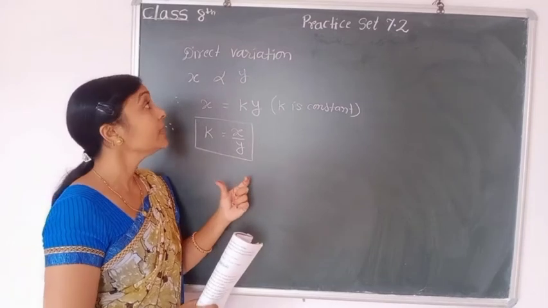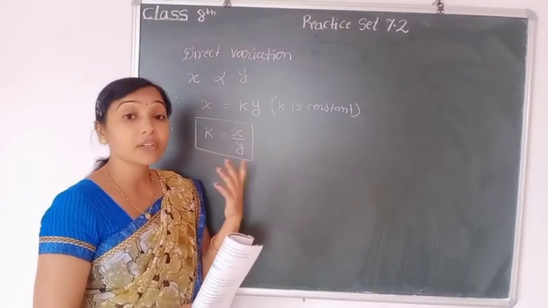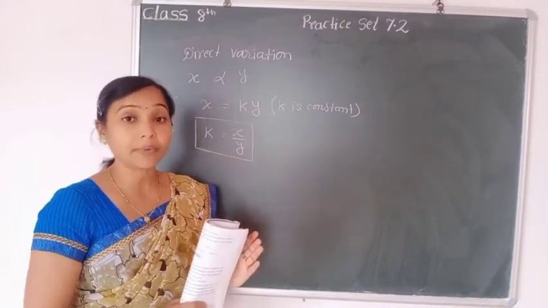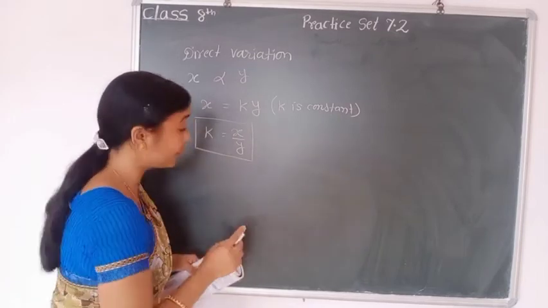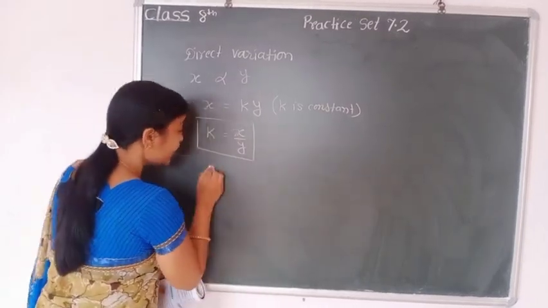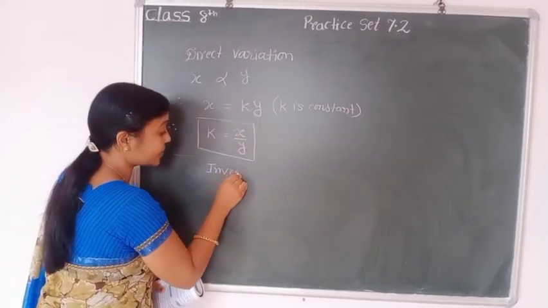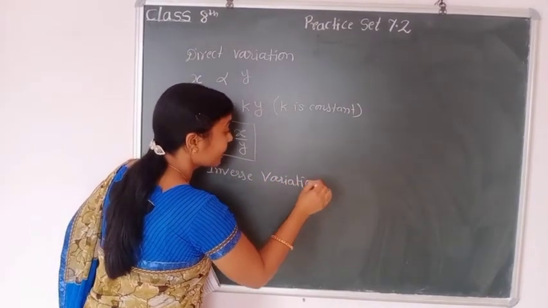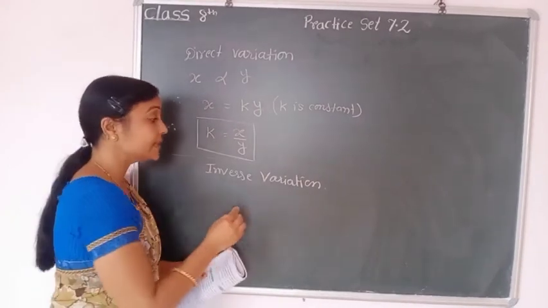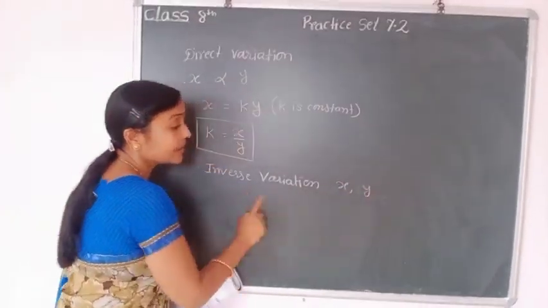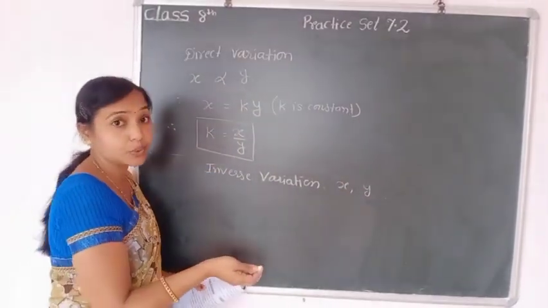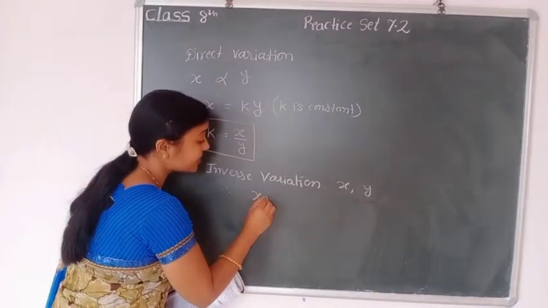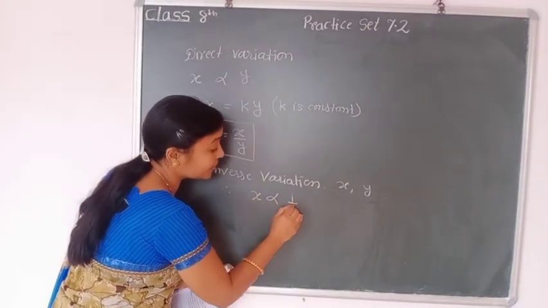And now we see the equation of variation of inverse variation. We already saw the meaning of inverse variation in the previous video. So today we see the equation of inverse variation. If we have two quantities, x and y, and they are inversely proportional, so we write x is inversely proportional to y.